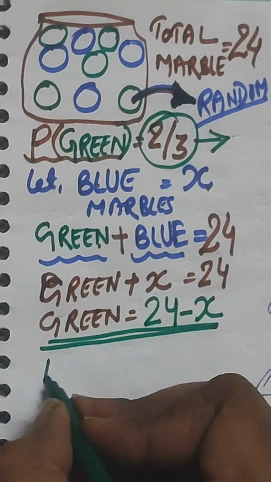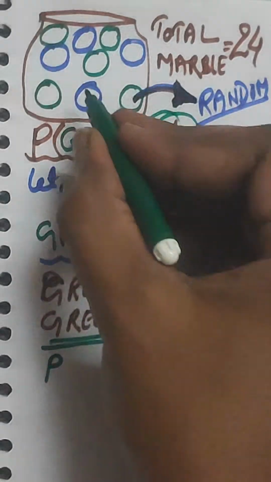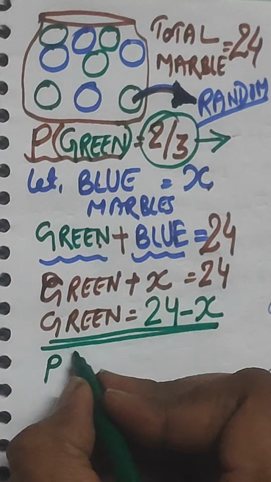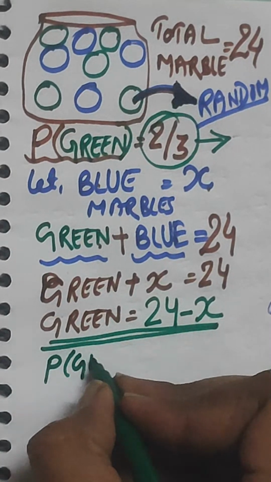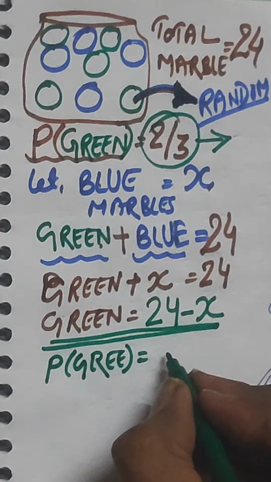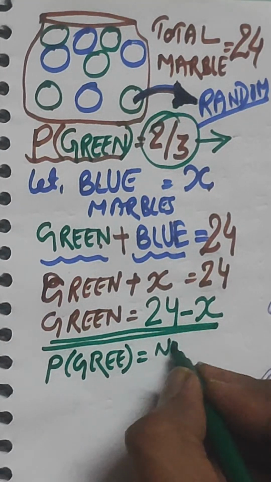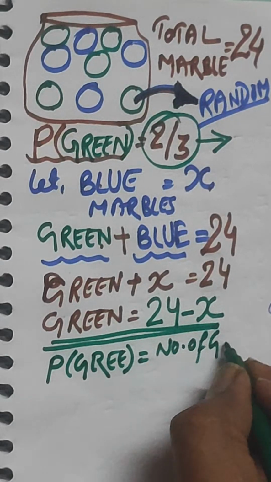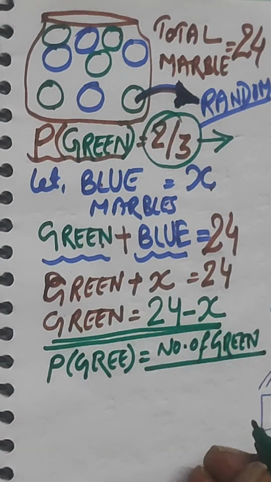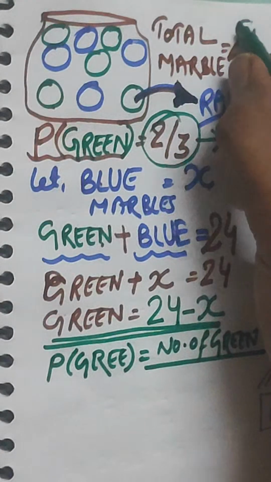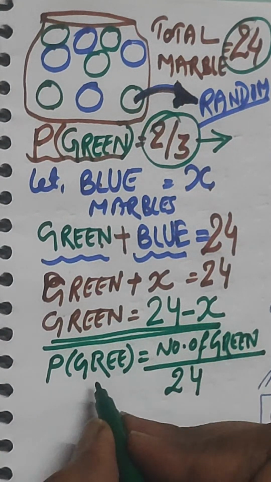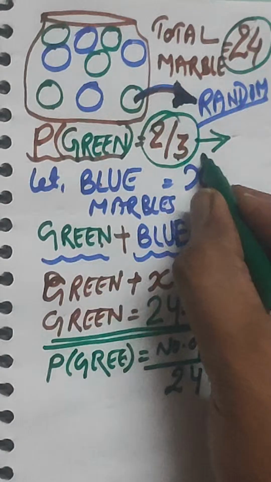So the probability of drawing a marble randomly and that it is green is calculated. What is the chance of the favorable event? That is the number of green marbles divided by the total, and the total is 24, right?